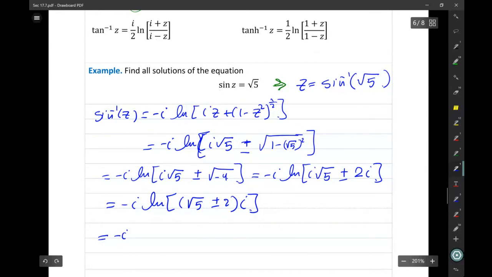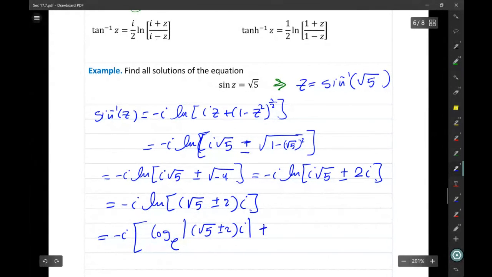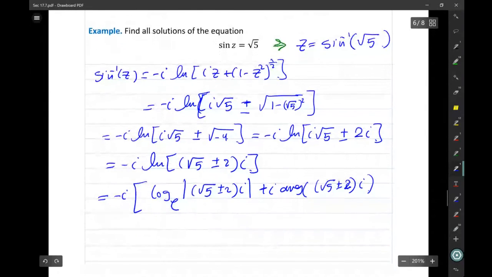That becomes minus I times logarithm absolute of square root of 5 minus or plus 2I with base e plus I times argument of square root of 5 minus or plus 2 times I. So this value here always positive.